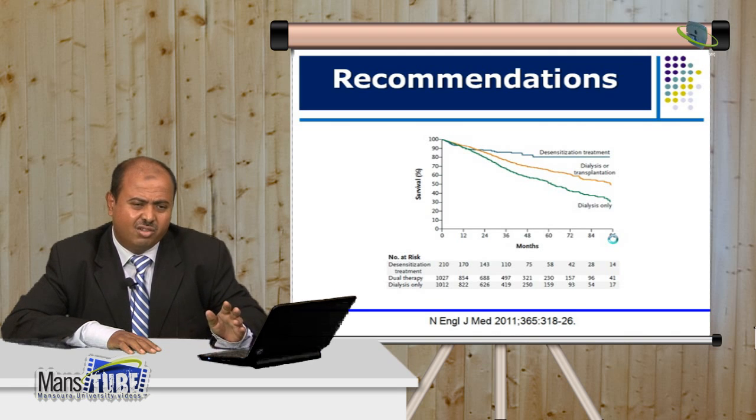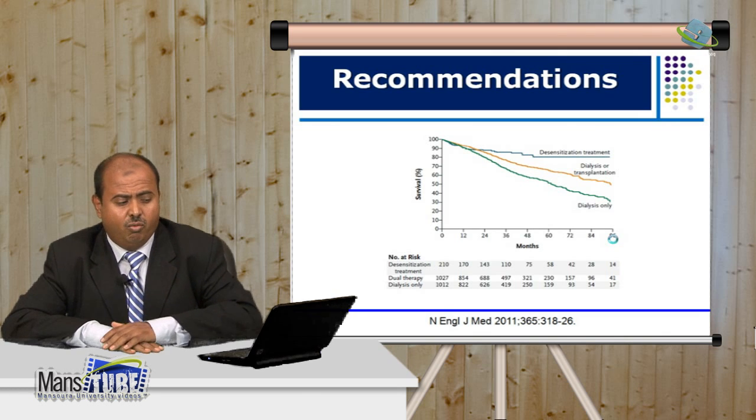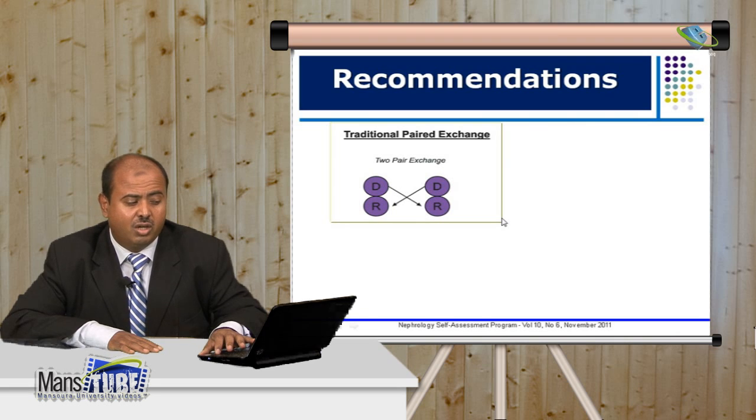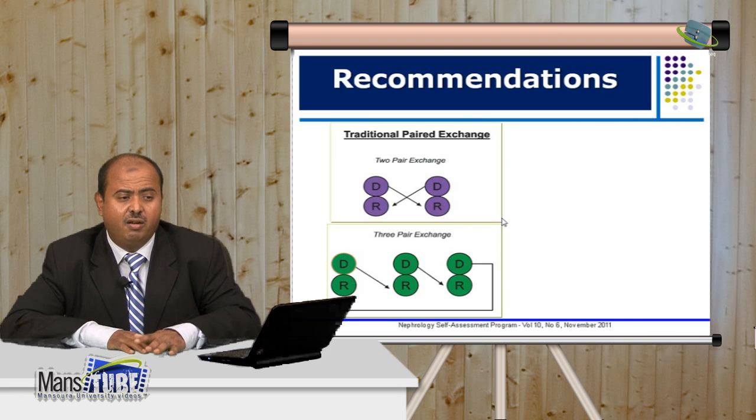Another point: is it mandatory to do desensitization? Yes, desensitization is very important if you have a patient with donor-specific antibody, because if you leave the patient on dialysis, the survival is affected drastically. But instead of doing desensitization, we can activate the donor, the two-pair exchange. If you have two couples and the recipient is not fit for the donor because of immunological risk, you can exchange the donor from the first couple to the second couple and vice versa.